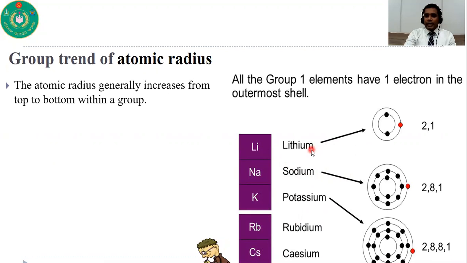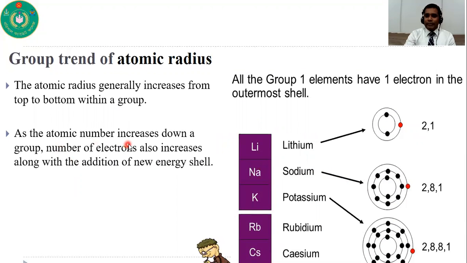The atomic number of lithium is 3, and there are 3 electrons. And in case of sodium, atomic number of sodium is 11. There are 11 electrons. And the red mark is valence electron. In case of potassium, its atomic number is 19. So there are 19 electrons and 1 is valence electron. The red mark 1 is valence electron.